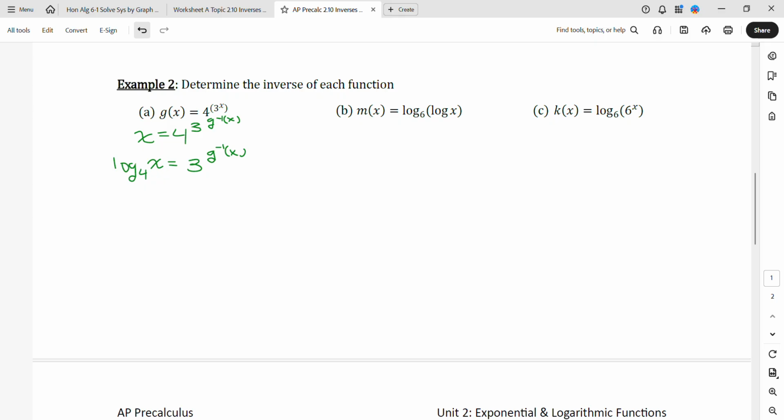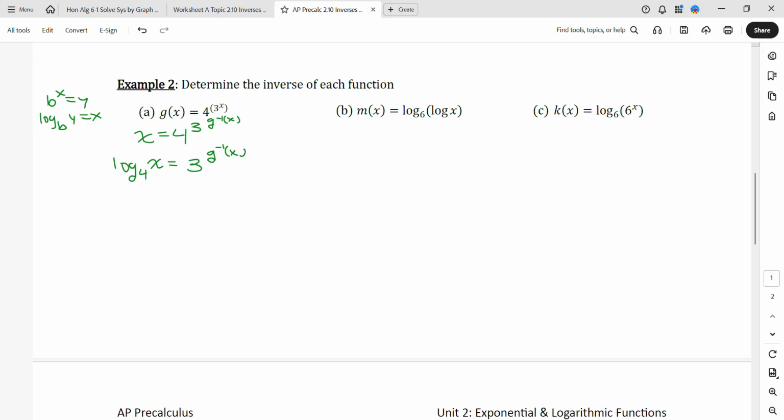So to go from here to here, I'm using that definition of a logarithm to an exponential. So like yesterday, we remember how we talked about b raised to x equals y is the same thing as log base b of y equals x. That's what I'm using. It's just this exponent has an exponent.